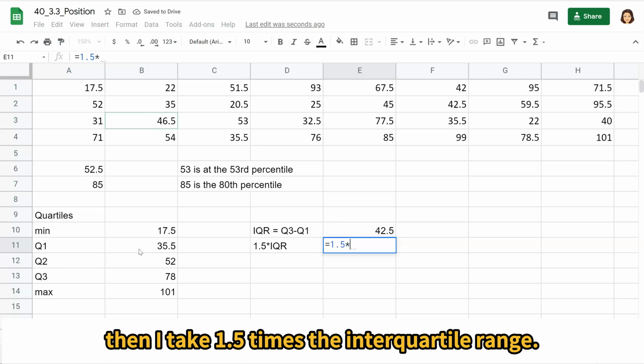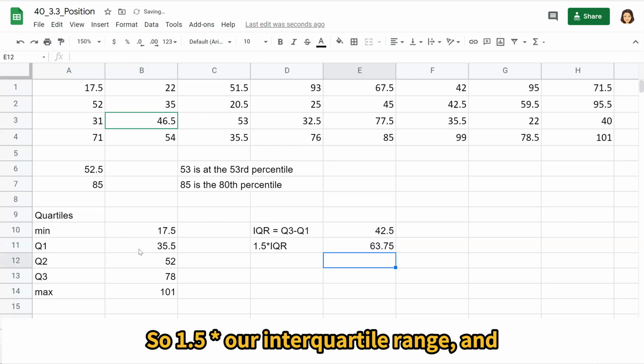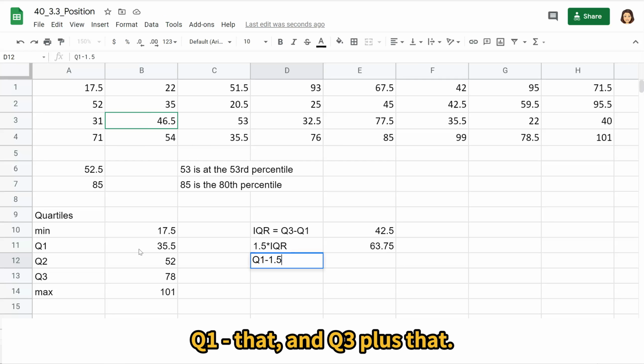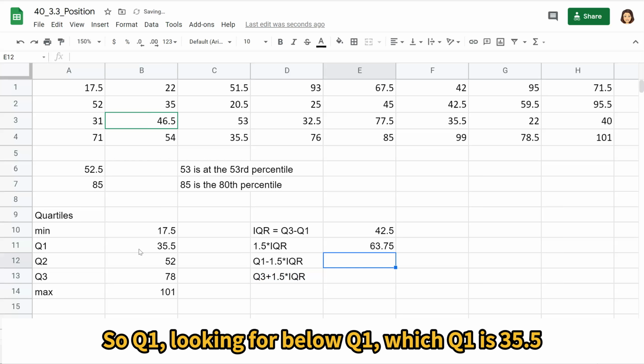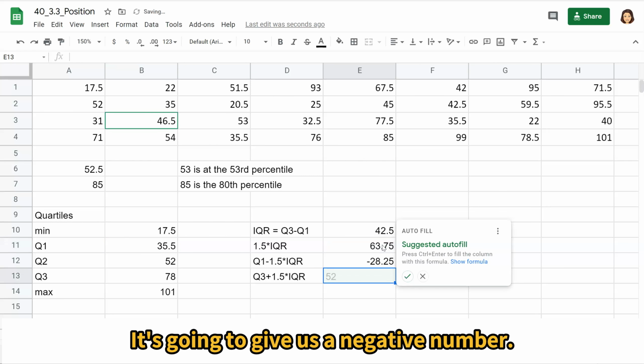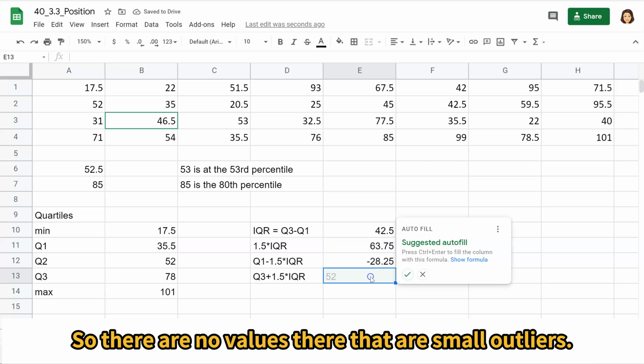So 1.5 times our interquartile range, and then we're going to calculate Q1 minus that, and Q3 plus that. So Q1, we're looking for below Q1, which Q1 is 35.5 minus 1.5 times our IQR. We're just going to click on it. It's going to give us a negative number, so there are no values there that are small outliers.